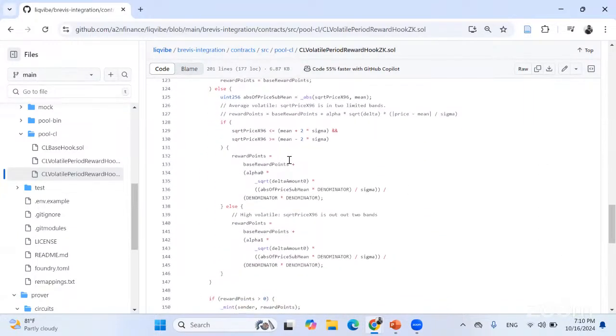This is the formula: reverse boy equals base boy plus etc. And this is the condition for the volatile periods with the two levels, inside band and outside band, with the polygon band upper and polygon band lower. So we set the alpha zeros and alpha 1 for the purpose of pool manager.